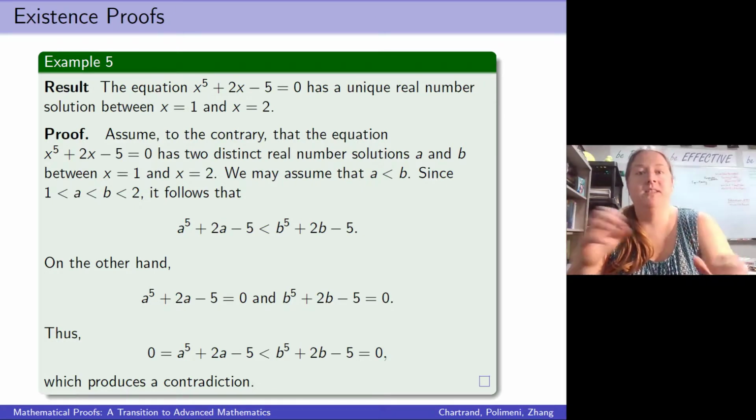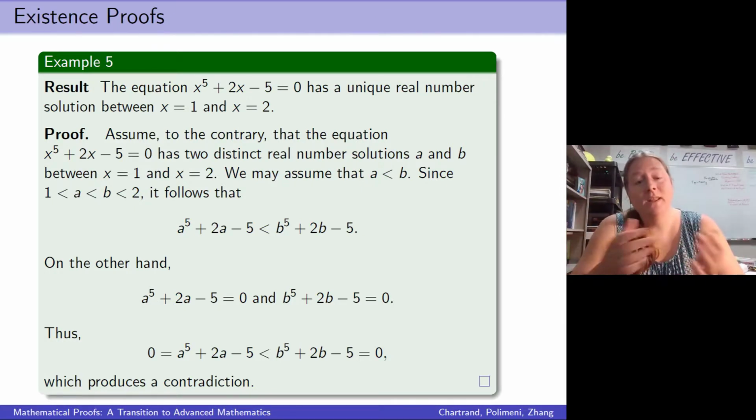So I have 0 is less than 0. Well, that can't be true, and it's a contradiction. So therefore, there can't be two distinct real number solutions between 1 and 2. So there can only be the one unique one that we showed in the previous result.